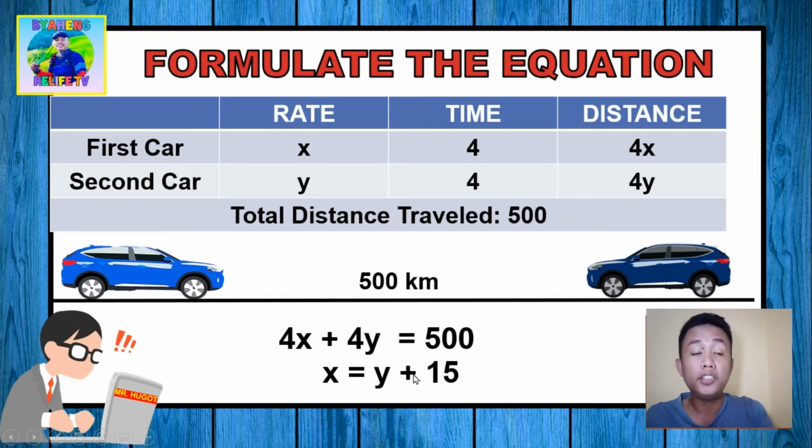Nanggaling po yun sa statement guys na yung isang sasakyan ay 15 km faster than the second car. So, ibig sabihin, kung yung first car natin ay x at ang y natin second car, mas mabilis ng 15 km per hour ang ating first car kaysa second car natin. So, that's why we come up with 4x plus 4y equals to 500 and x equals to y plus 15.